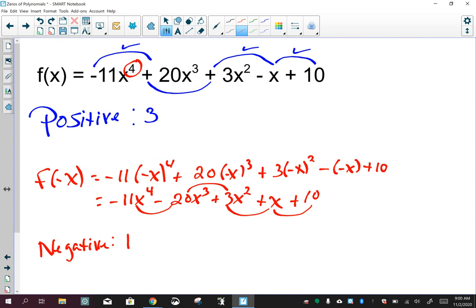Out of that 4, 3 of them could possibly be positive, and the other one's going to be a negative one. So this is what we're looking for when we're generating our zeros. We know that we can have up to 4, and in this case, because of those sign changes, 3 of them are going to be positive, 1's going to be negative.